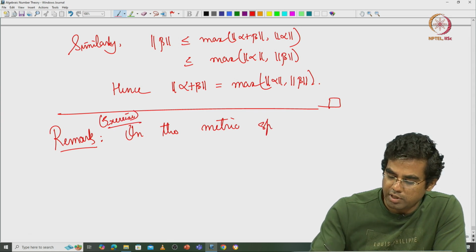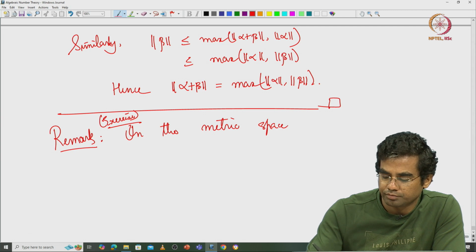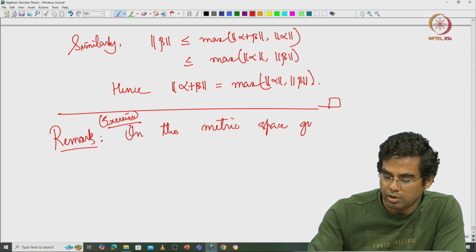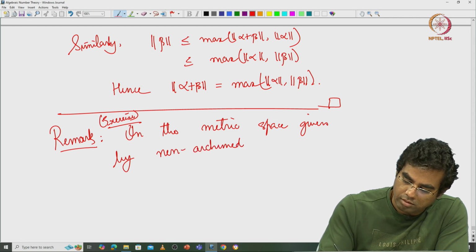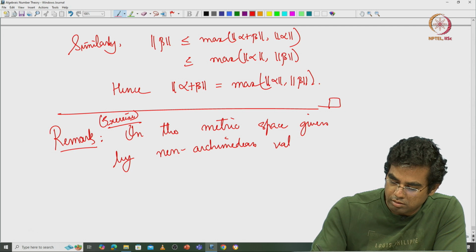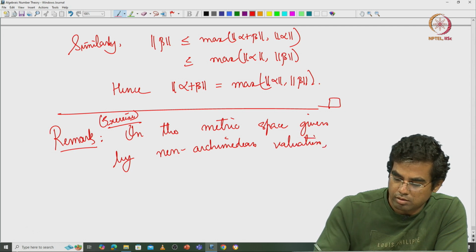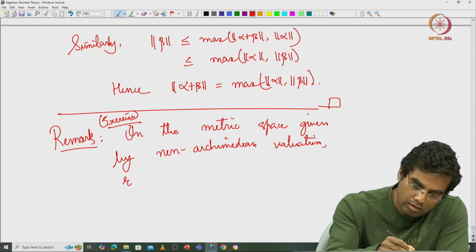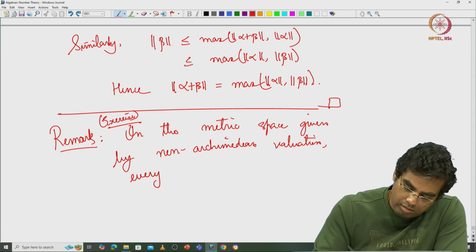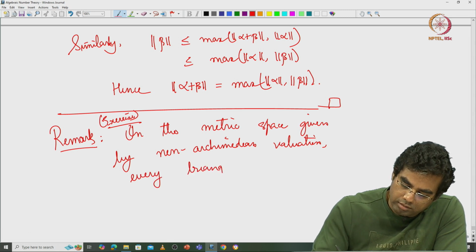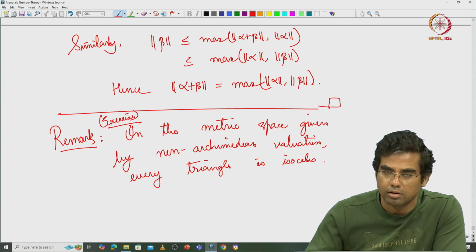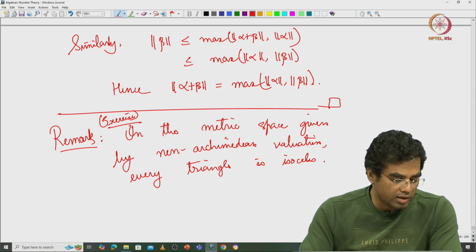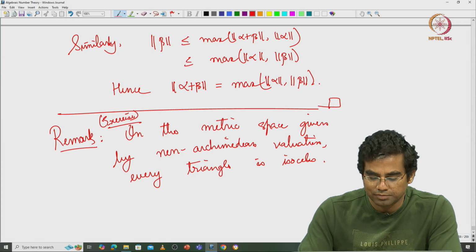In the metric space given by non-Archimedean valuation, every triangle is isosceles, okay, which means that in any triangle there are two sides that are equal.